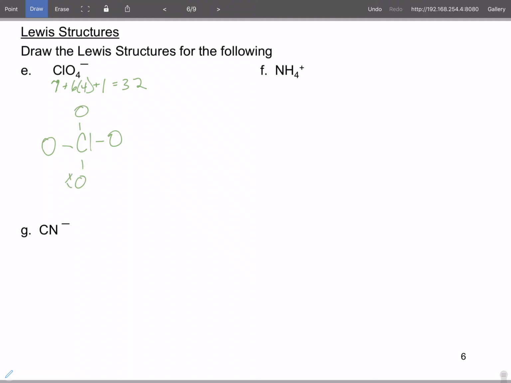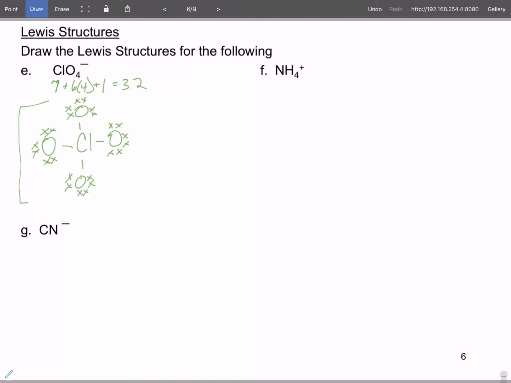So 2, 4, 6, 8, 10, 12, 14, 16, 18, 20, 22, 24, 26, 28, 30. And again, it doesn't matter which oxygen you start with. It just matters that you keep going around. So this means that if you look at this, chlorine has 8 and each of the oxygens have 8.